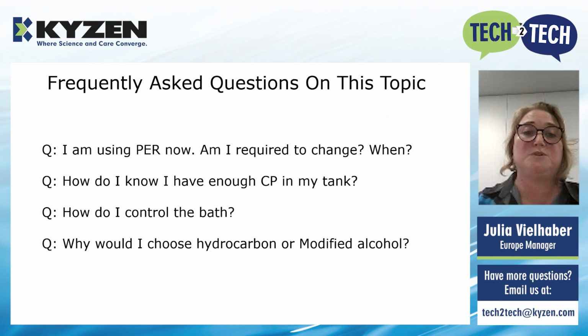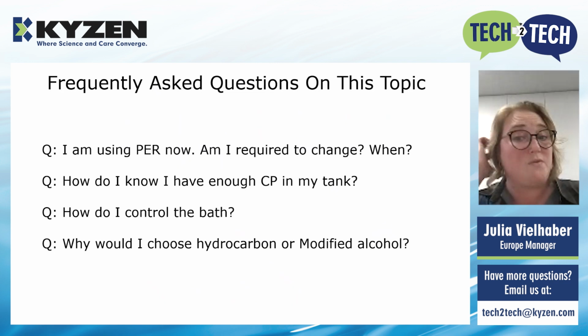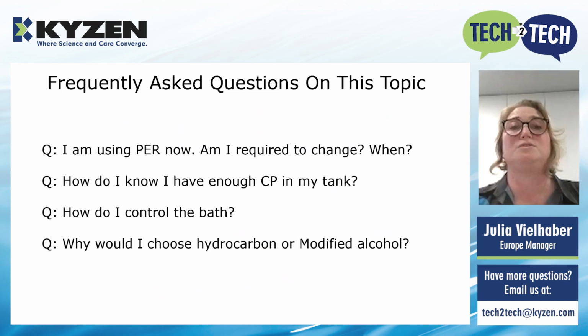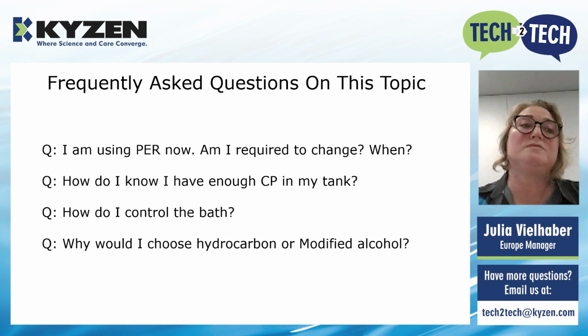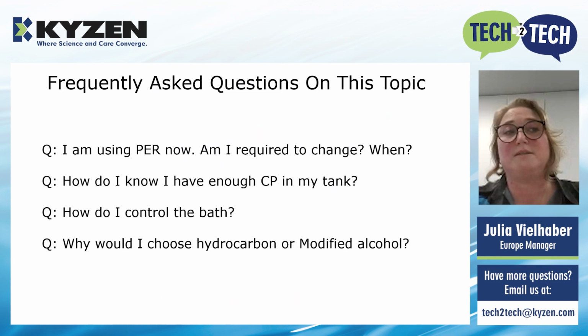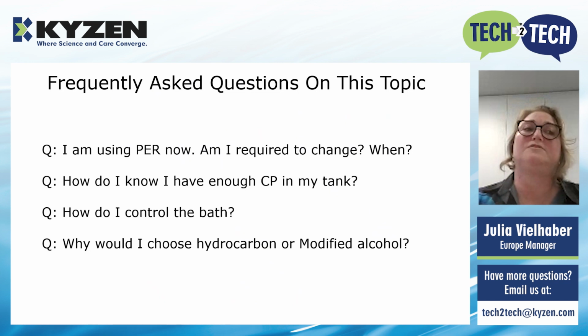The other question would be, how do I know that I have enough corrosion protection in my tank? For this test, we usually recommend the NVR test. NVR stands for non-volatile residue and essentially refers to the part of the sample that remains after the evaporation of a volatile solvent or liquid.